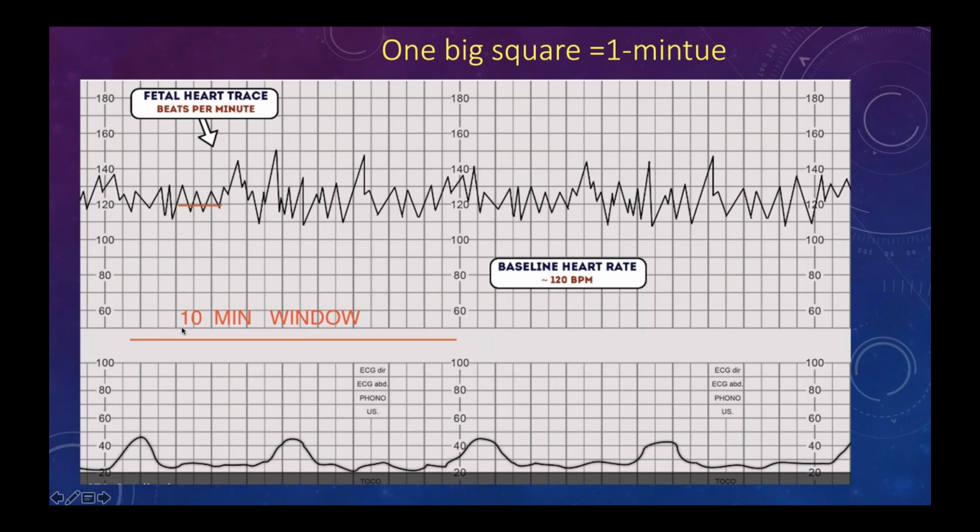So here this is 10 centimeter, this is the 10-minute window, this is the area where there is no contraction, and corresponding to that area on the trace appears to be 120. This way you can do the calculation for baseline. Is the thing clear? Clear.